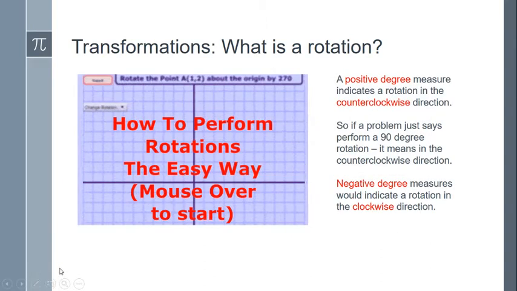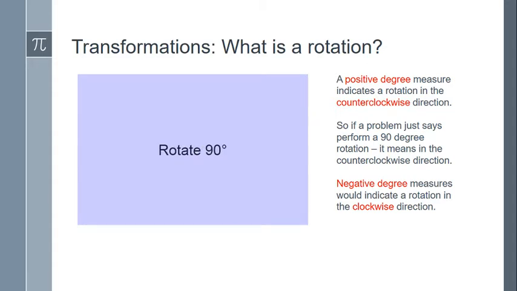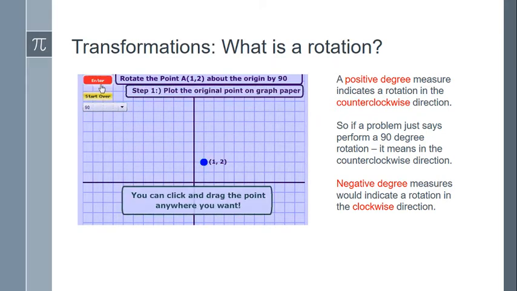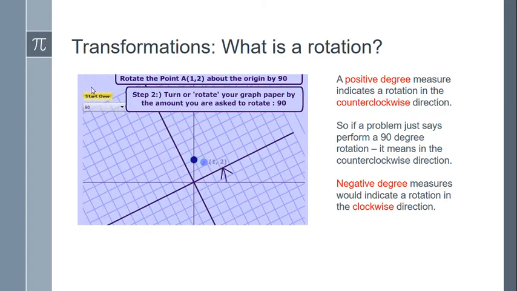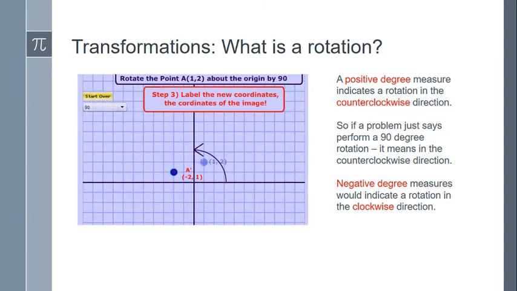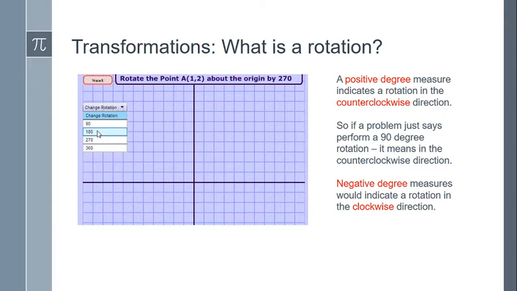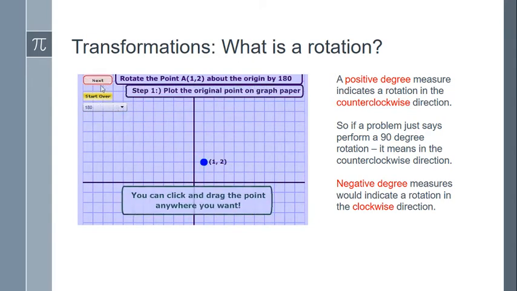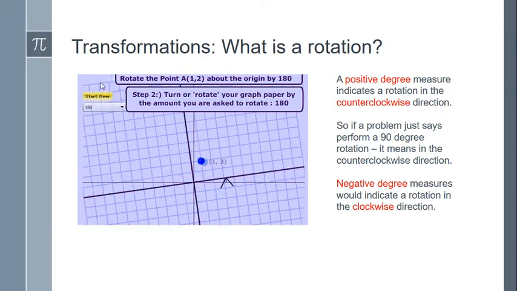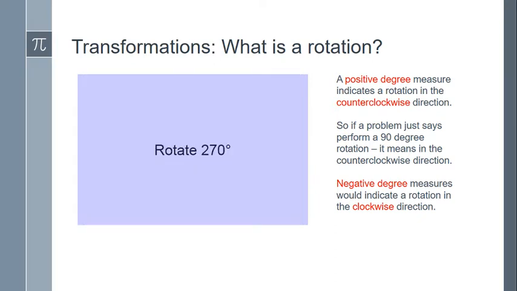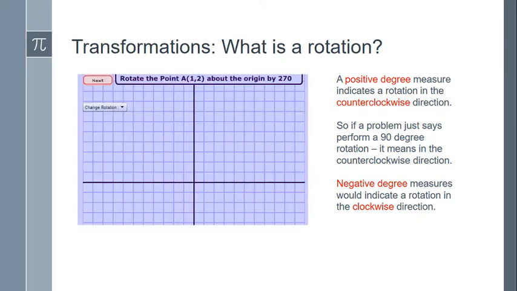All right, so let's give you another visual example of what we mean by a rotation. This demonstration is showing you that if you have physical graph paper, you can literally just turn the graph paper, in this case 90 degrees, and then write down the new coordinates of the point. If you wanted to perform a 180-degree rotation, you would simply turn your graph paper by 180 degrees, and then you could label the coordinate of your new point.